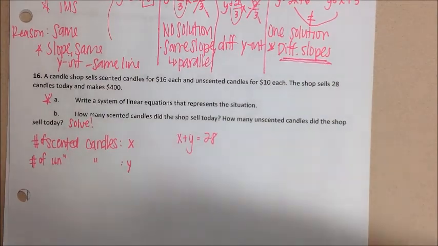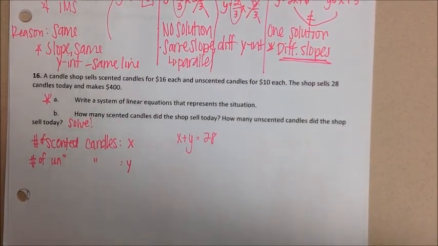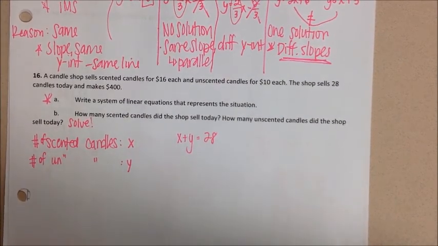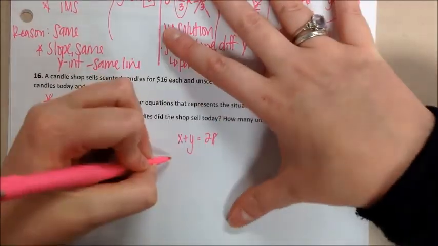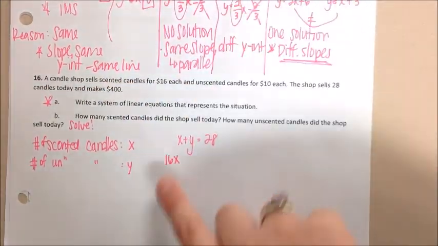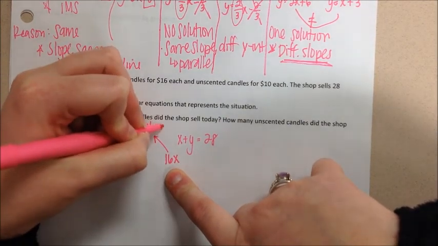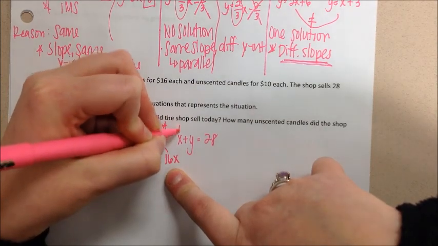Now, I don't know how many scented candles were sold, but if I did, I would multiply that number by 16 to figure out the total cost for the scented candles. But I don't know. I just know that the number of scented candles was x. So I'm going to do 16x, and that's the total amount from scented candles.